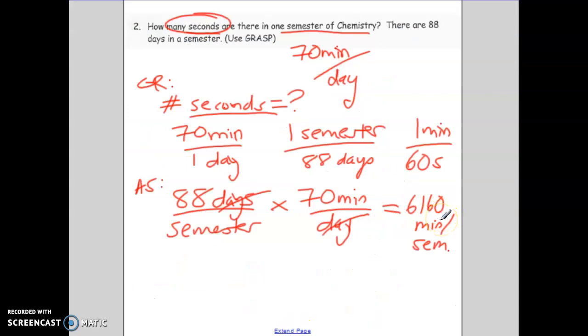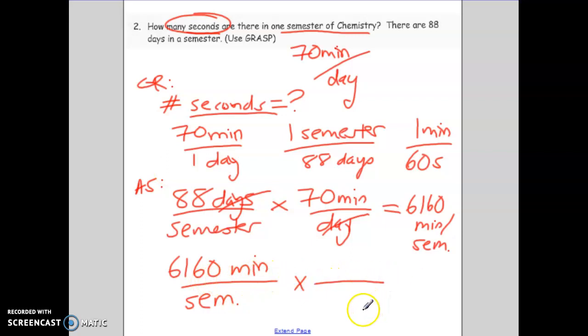Well, we have the number of minutes in one semester, but we want the number of seconds. So what we're going to have to do here, and remember we're not rounding anything because we're not finished yet. We have 6,160 minutes in one semester. So we're going to have to convert that into seconds. For every 1 minute, there are 60 seconds.